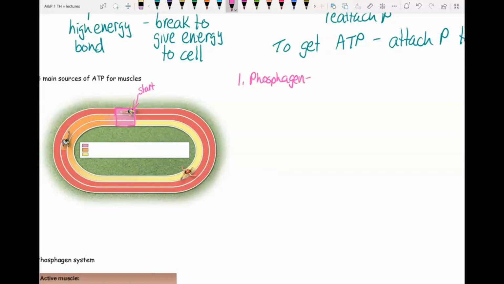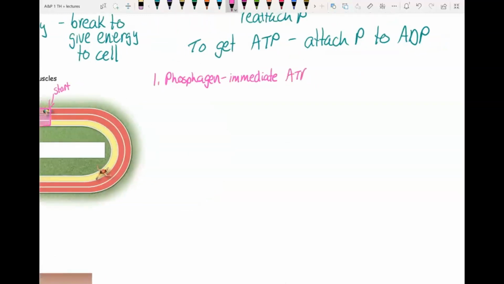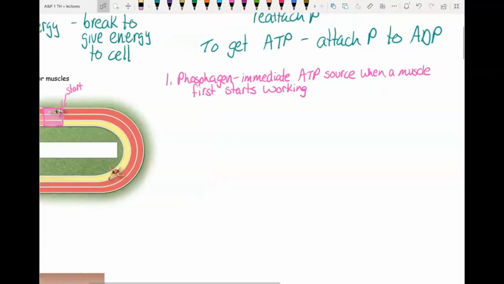So phosphagen is the immediate energy when a muscle first starts working. Notice, though, how short-lived it is. It's only those first few strides of running around the track. So it's immediate, but it is short-lived.